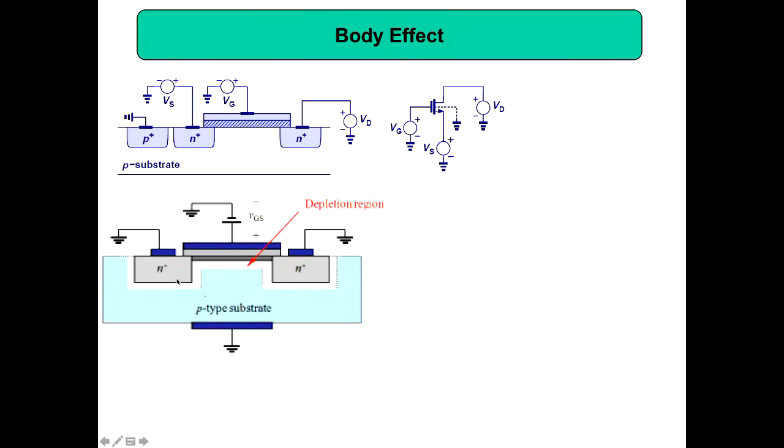If you want to get rid of this depletion region, you have to connect P positive and N negative. But this one is anyway negative, ground. Because you connected this also to the ground, you get a depletion region here. So that is the reason. In the real design, they will connect something like this in the notation. So when you see this notation, you have to understand that in the MOS, the body is grounded. That is a symbol.